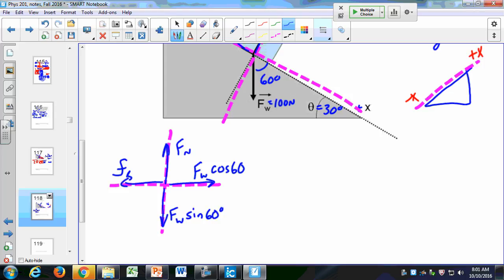Now write your Newton's laws. Sum of the forces in the x equals max. Sum of the forces in the y equals may. I'm going to keep those accelerations for now, because if it's static or dynamic, it's going to be all the same up to this point when we would actually write our accelerations as 0 or non-zero.